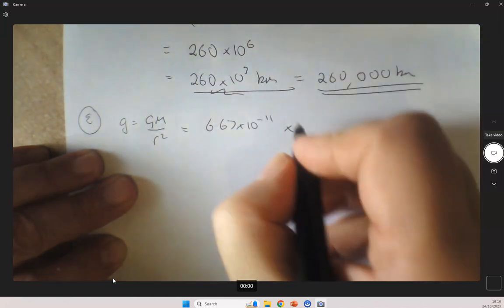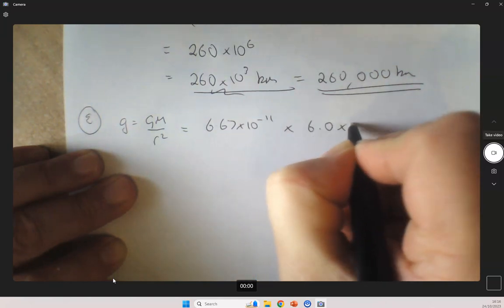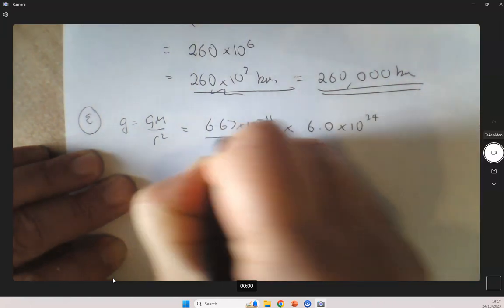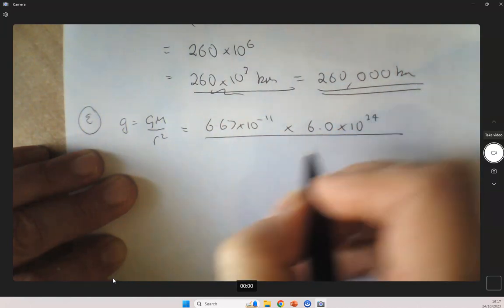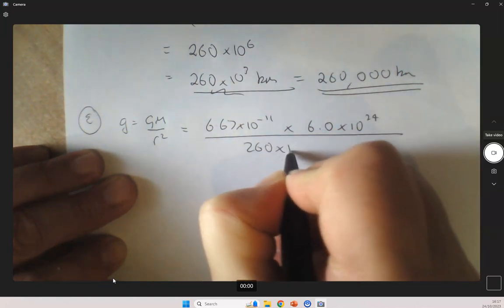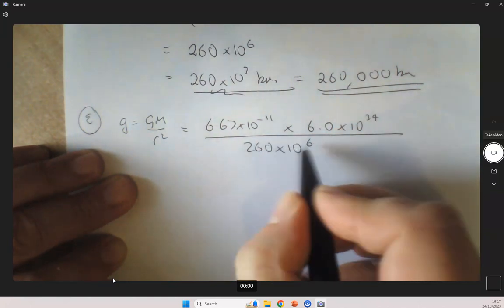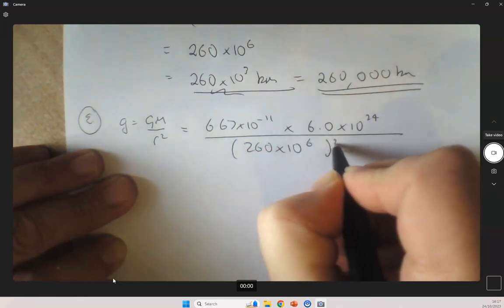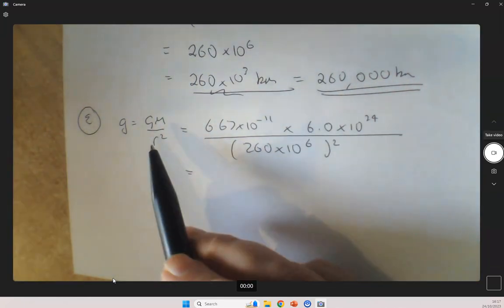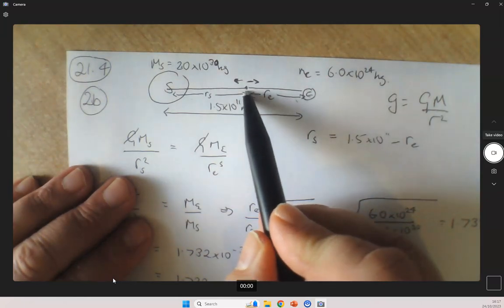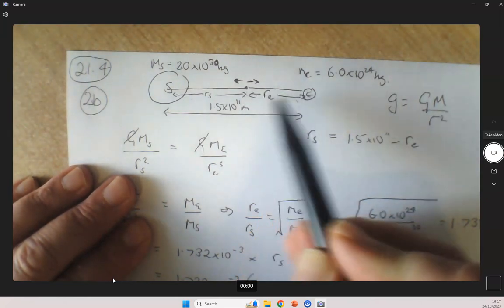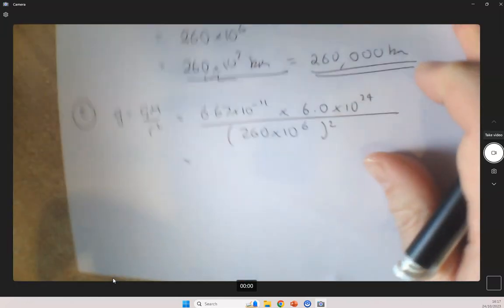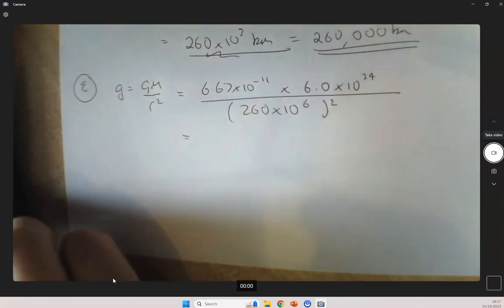The mass of the Earth, we had 6.0 times 10 to the 24. And that distance is 260 times 10 to the 6 in meters, squared. So g, the field here in this direction, because it's due to the mass of the Earth, is going to be this.